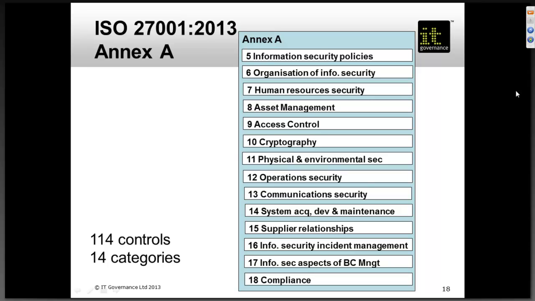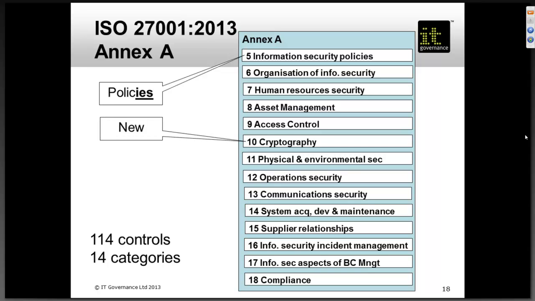I'm just going to mention 3 or 4 of the changes that are worthy of note at this stage. So the first one is A5. A5 in the 2005 version of the standard related to an information security policy. Well, A5 now reflects that there are indeed a number of policies within an information security management system and is structured and worded in such a manner that it applies to all of those.